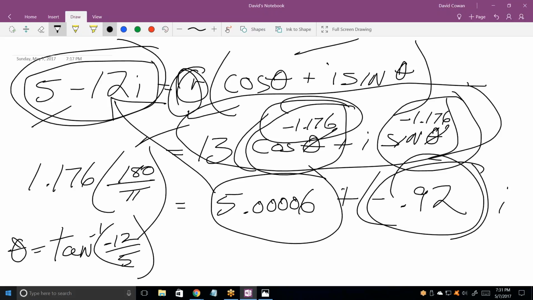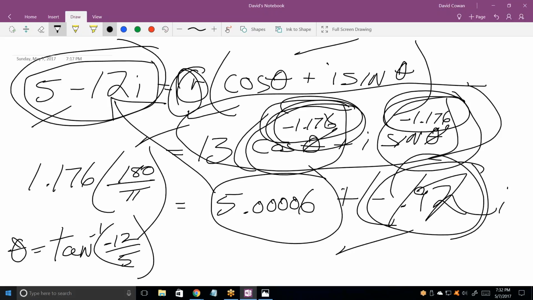So I know r is 13. I'm going to put these in degrees and work the problem out, see if I don't get 5 minus 12i. Because that's what this should come down to, is 5 minus 12i. It's got to be the same thing. Otherwise, we haven't put it in the proper polar trig format.